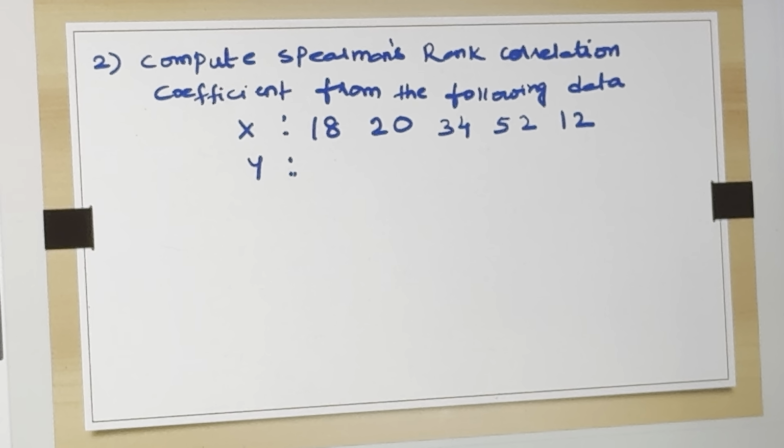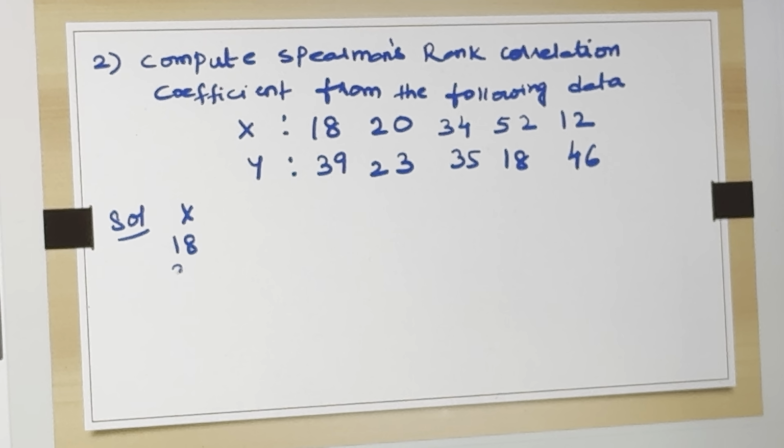Similarly, the values of Y are given as say 39, then you have 23, then 35, 18, and the last value given is 46. Okay, now what we are going to do is, first you will be writing the values of X, which are 18, 20, 34, 52 and 12.